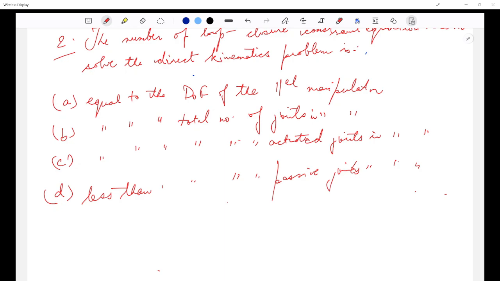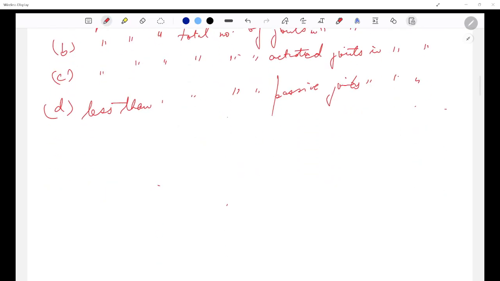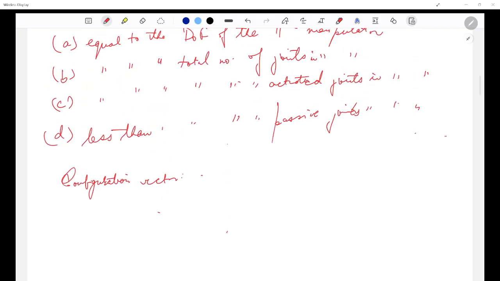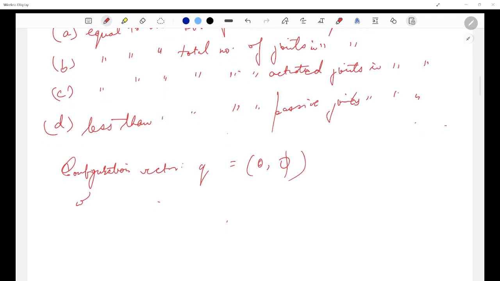Okay, so let's do this question. Our configuration vector is q, which is theta comma phi, where we learned already that theta is actuated joints and phi is passive joints.